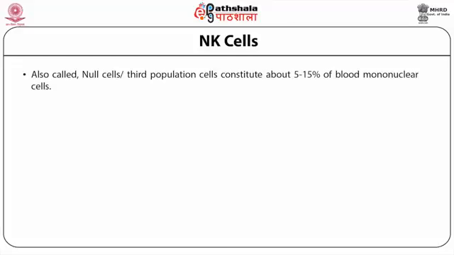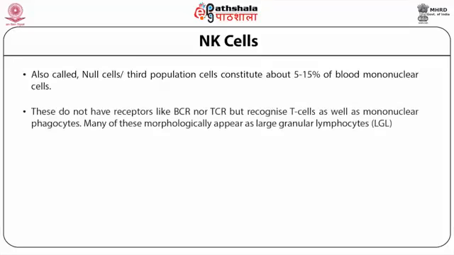These constitute about 5 to 15% of blood mononuclear cells. These do not have receptors like BCR or TCR, but recognize T cells as well as mononuclear phagocytes. Many of these morphologically appear as large granular lymphocytes, sometimes simply referred to as LGLs.